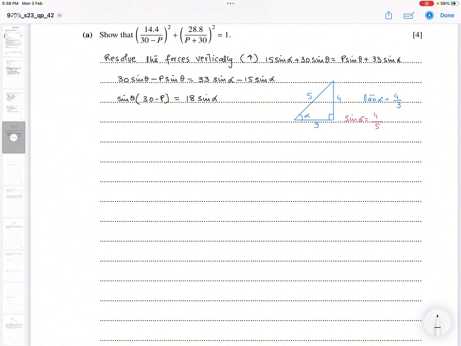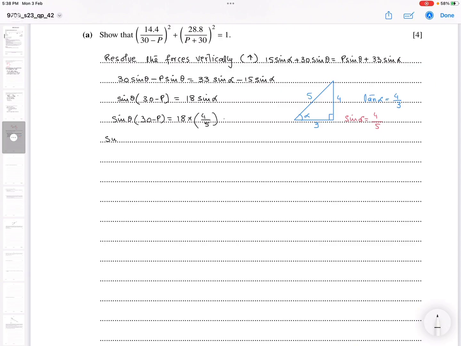So place this value here. So sine theta times 30 minus P equals 18 into sine alpha, which is 4/5.